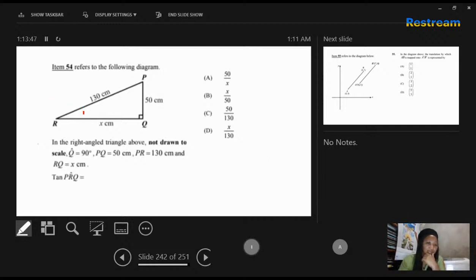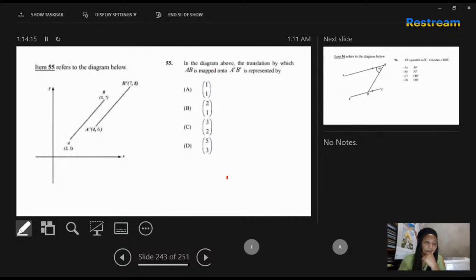So this is the angle from P to R to Q. They want the tangent, so the tangent is opposite over adjacent. The opposite is over here, so that would be 50 over x. Okay, Asar.